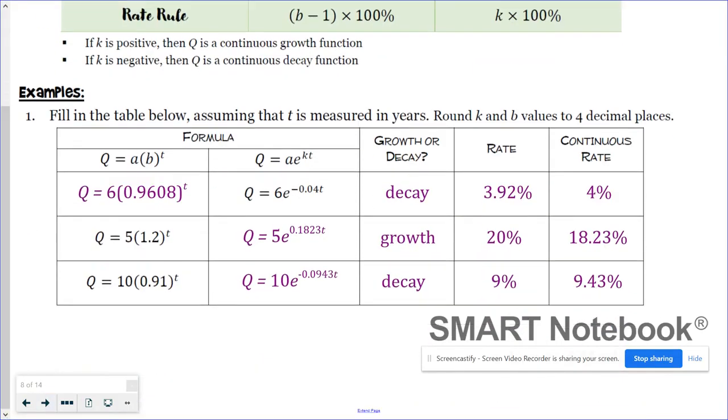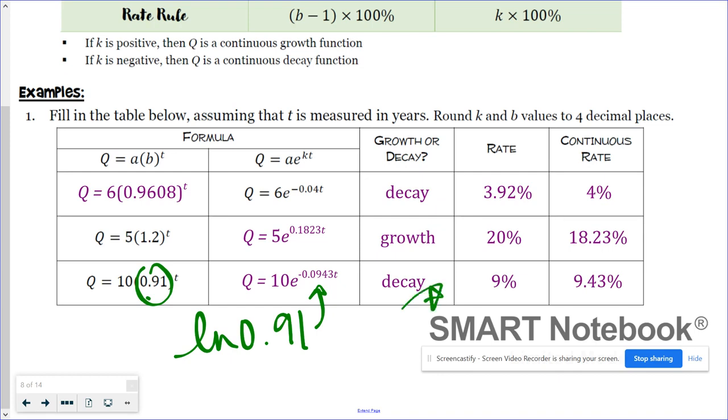So let's see how you did. You should have calculated the natural log of 0.91. The natural log of 0.91 is how you're getting this k value here of negative 0.0943. This is a decay function because our base is less than 1.